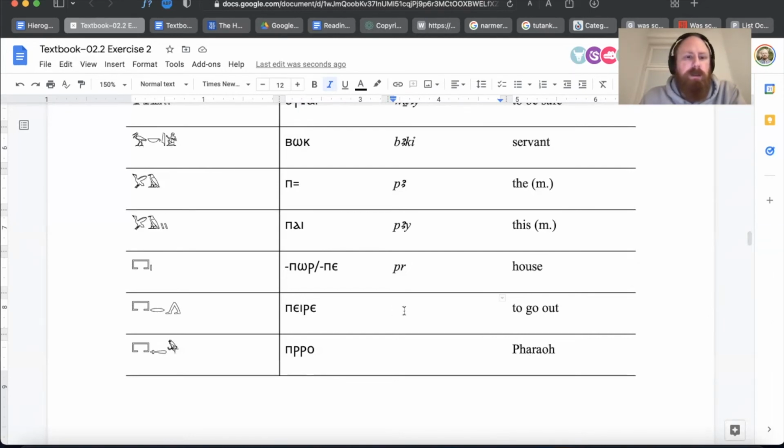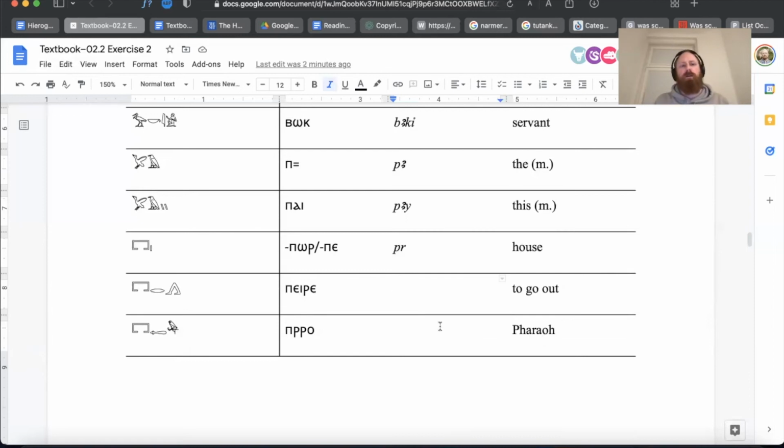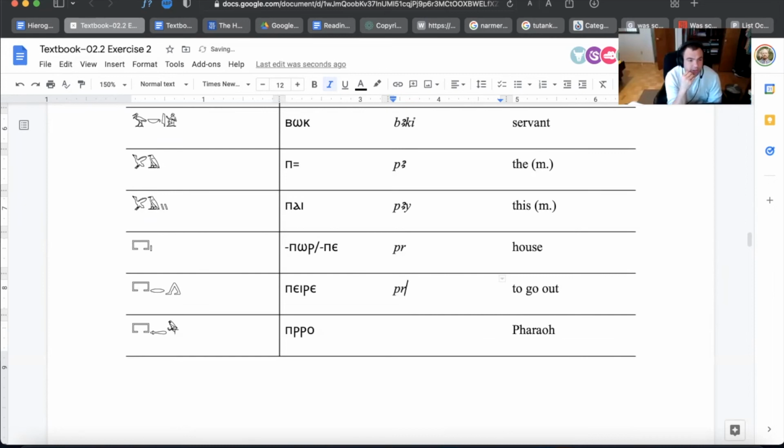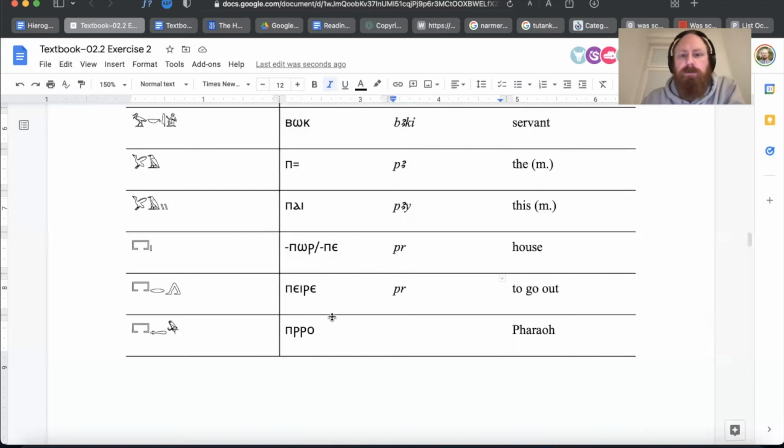Okay, and then let's finish out this page, Michael. Sounds good. So this one is also pr. I think the legs are just a determinative here. They are, yeah. Verb of motion, to go out. And pire in Coptic.